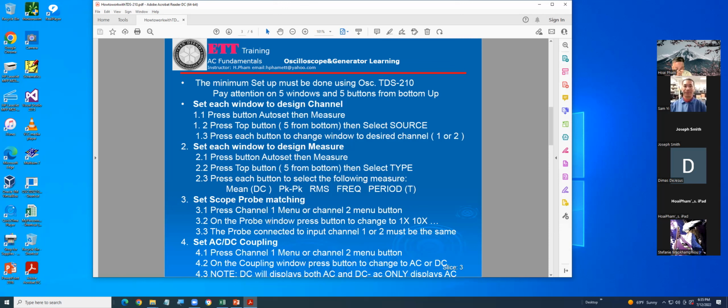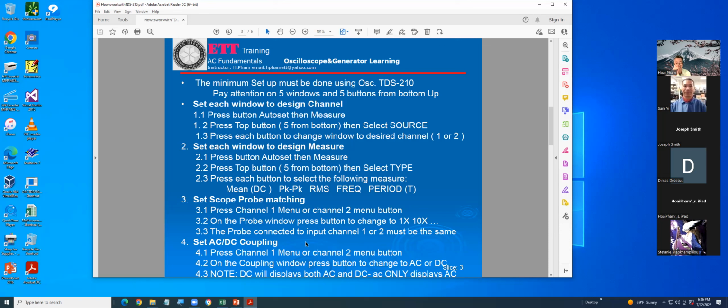On the probe window, press the button to change to 1x or 10x, depending on your scope probe. Okay? And also they're telling you how to set the channel to AC or DC coupling.